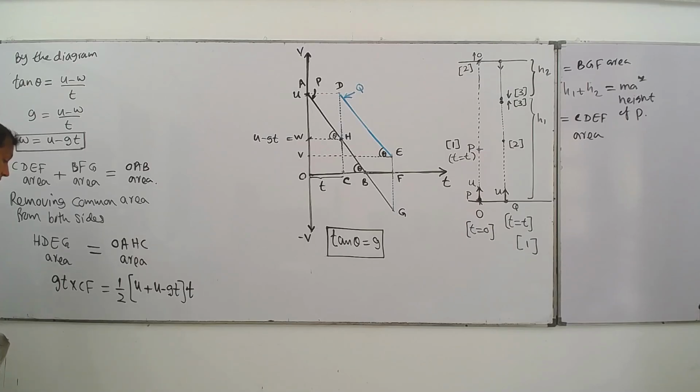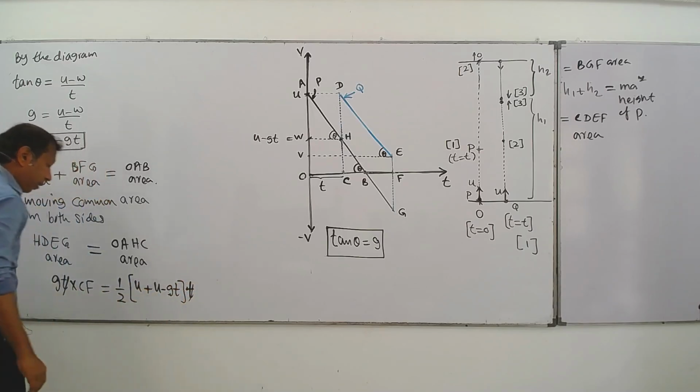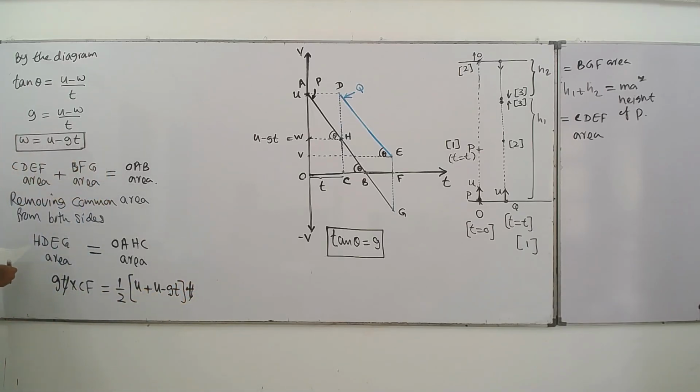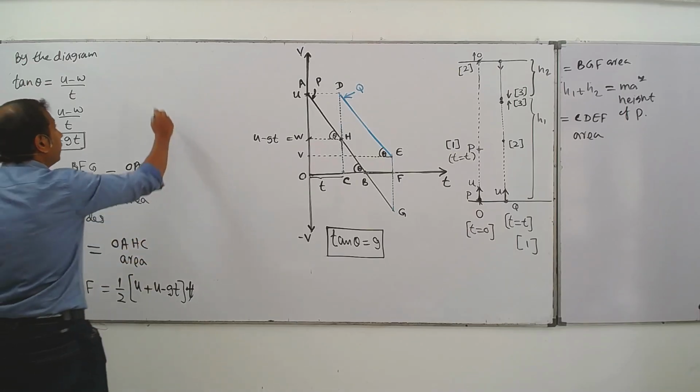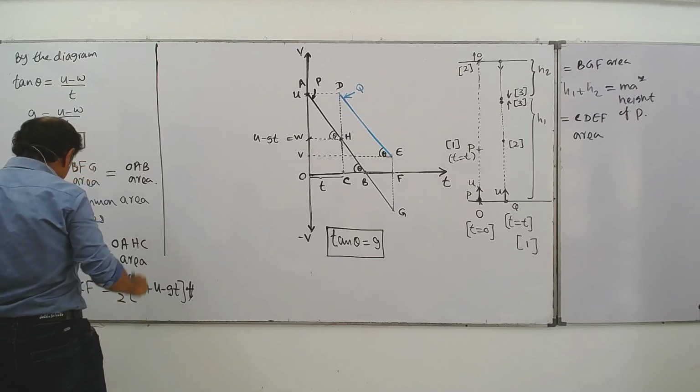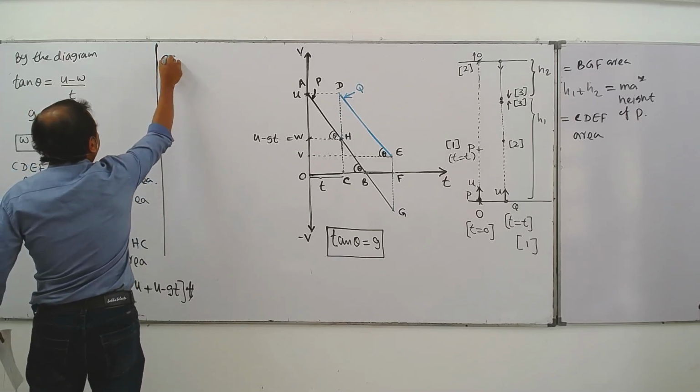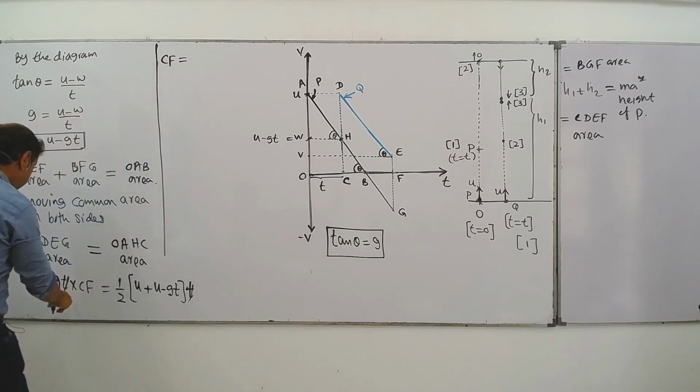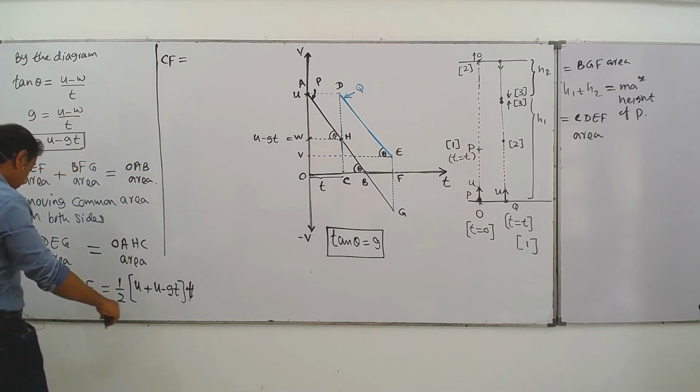By this, we can cancel down this T. By cancelling this T, we get the time CF, which subject is time CF, when you subject, bring here 1 over 2G.